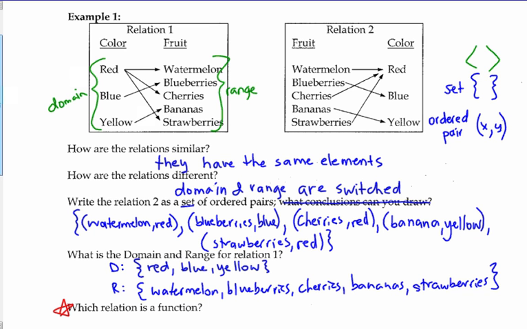Or each fruit should have only one color. So which one of these? Relation 2 is a function, because each fruit has only one color. See, relation 1 is not a function because the input of red has 3 different outputs. Got it? Red outputs what?